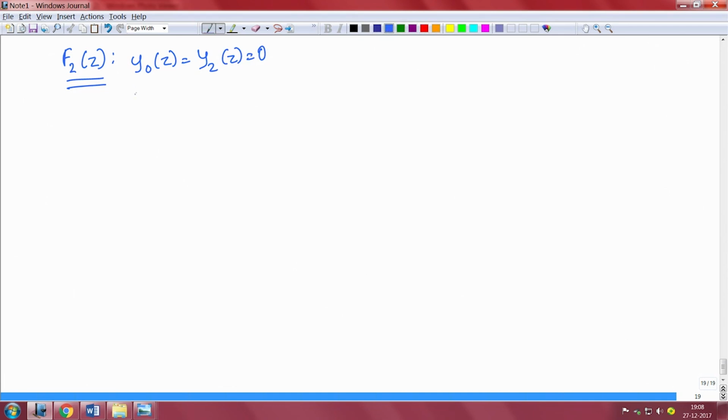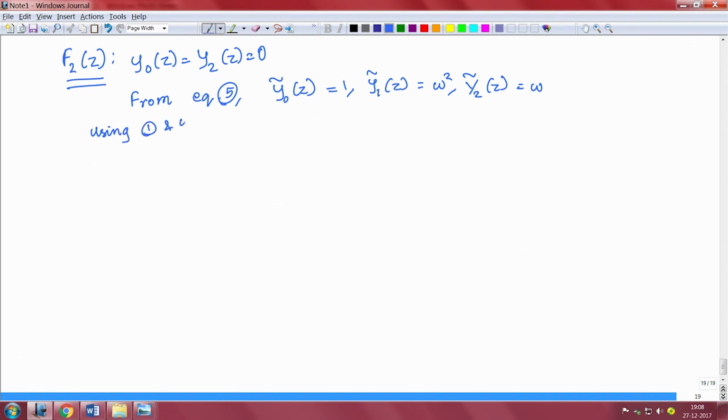So, again from equation 5 we get y naught tilde of z equal to 1, y1 tilde of z equal to omega square, y2 tilde of z equal to omega, and using 1 and 4 we obtain f2 of z is z power minus 2 r naught of z cube plus z inverse omega square r1 of z cube plus omega r2 of z cube.